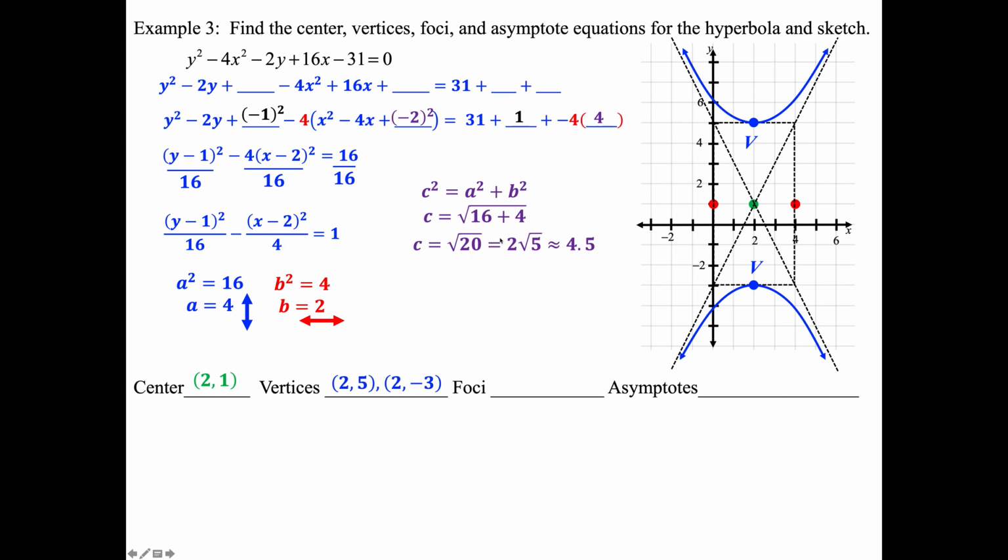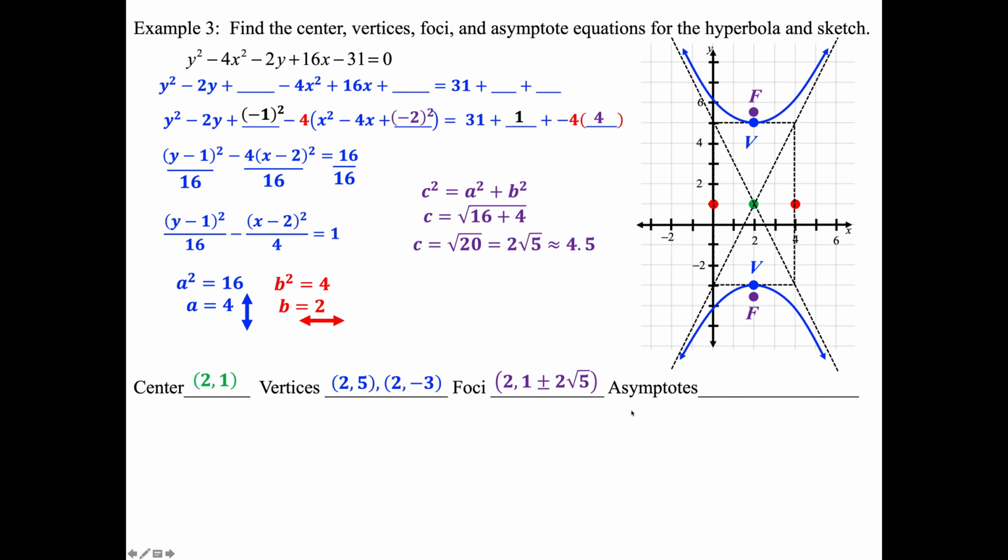The square root of 20 is 2 radical 5, or approximately 4.5. 1, 2, 3, 4, just about a half a square above and below. Because I have a radical that didn't simplify out, I can leave that as 2 comma 1 plus or minus 2 radical 5 for the y coordinate of my center.